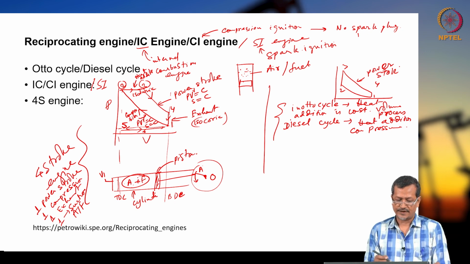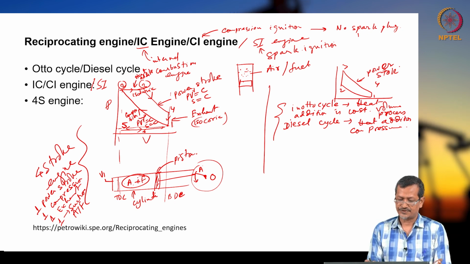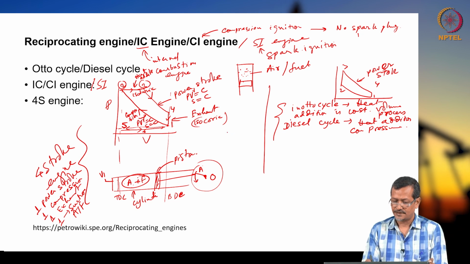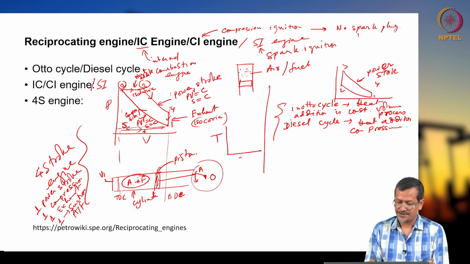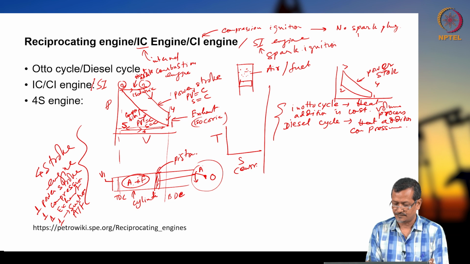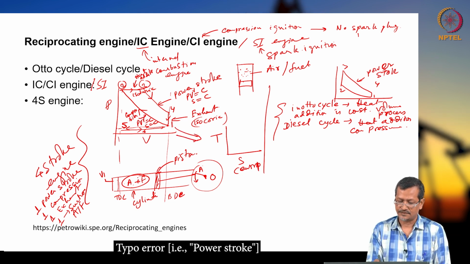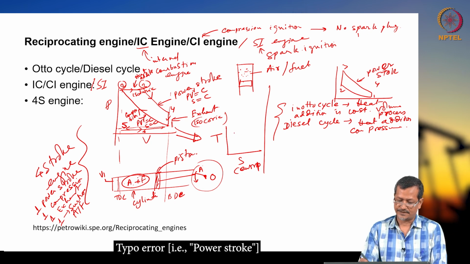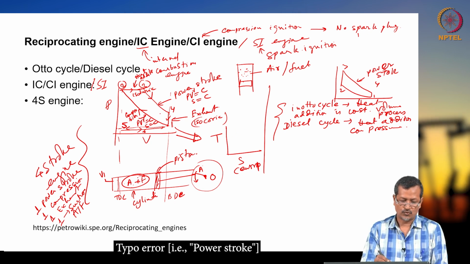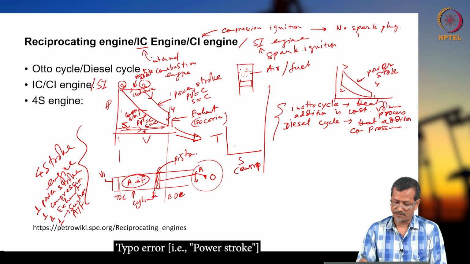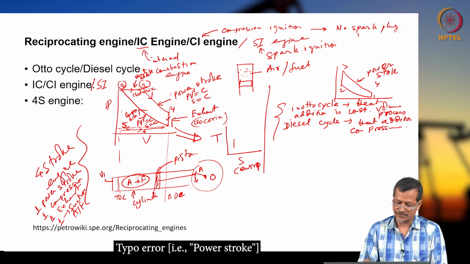And if I draw the TS diagram, temperature and entropy, S means entropy. Okay. If I plot this PV diagram as a TS diagram, it will be like this. 1 to 2 is the compression process. Compression means isentropic, entropy constant.